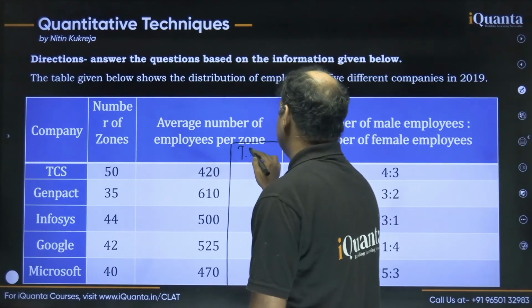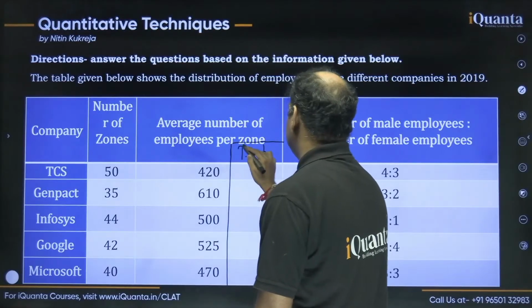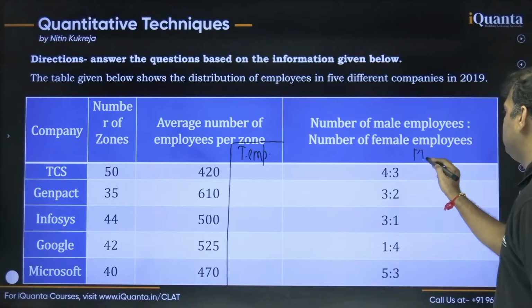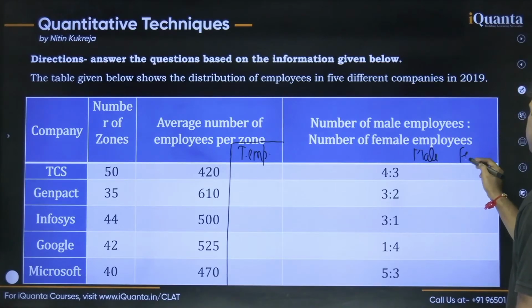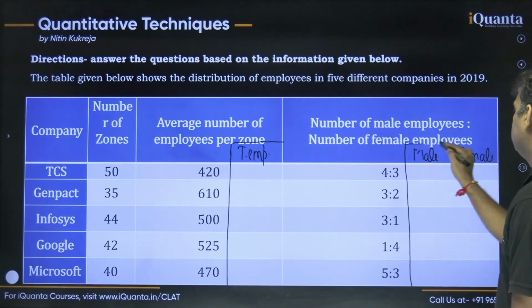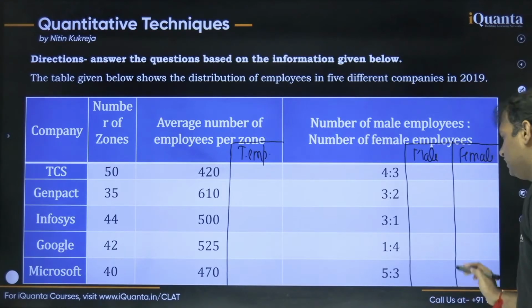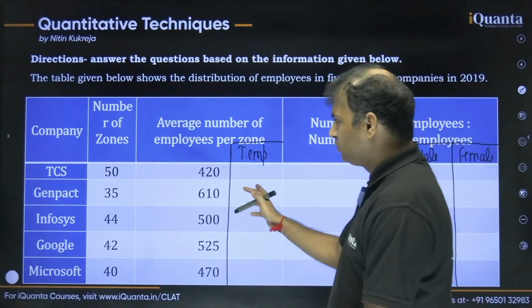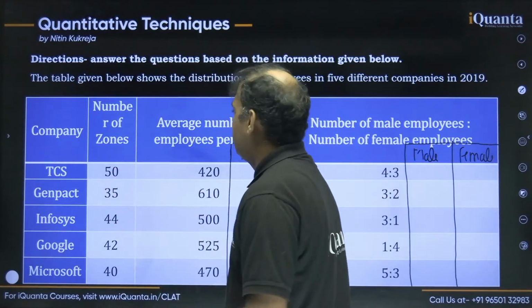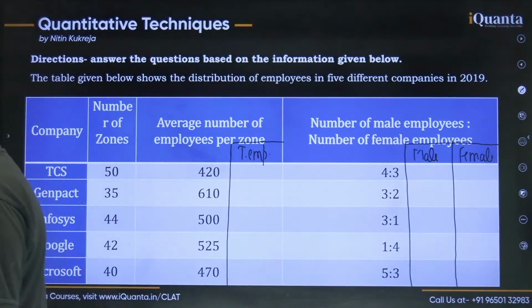Then we have the ratio already, so write the number of male employees and then the number of female employees with the help of the ratio. First thing, total employees: the number of zones is 50 and the average number of employees per zone is also given. So what shall we do?